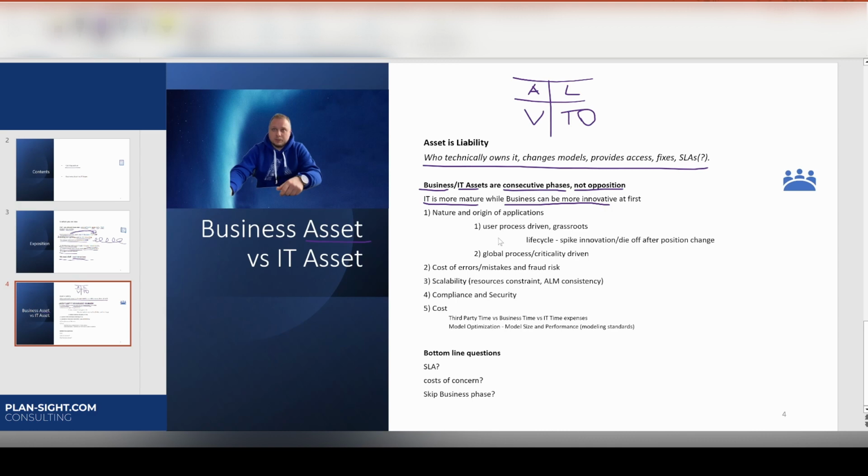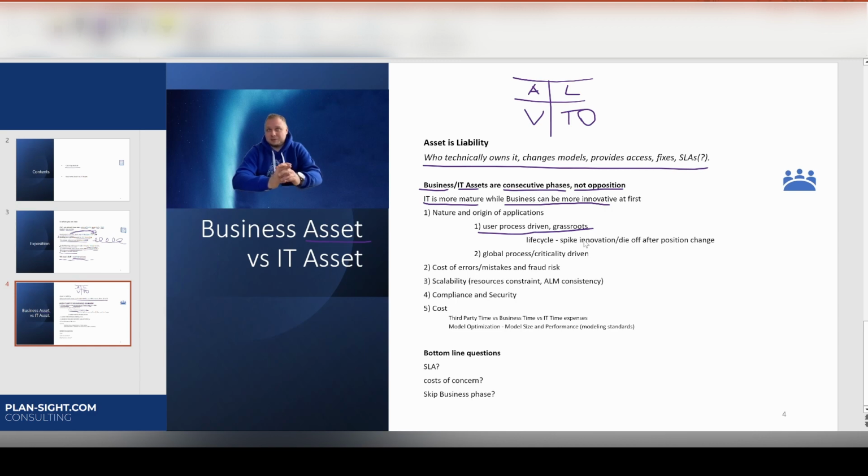One of them would be user process driven, or grassroots, so to say, where you have a department where there is some technically savvy guy who has developed an application in Excel or Microsoft Access or maybe even C#.